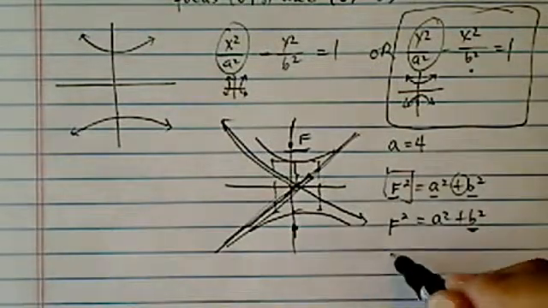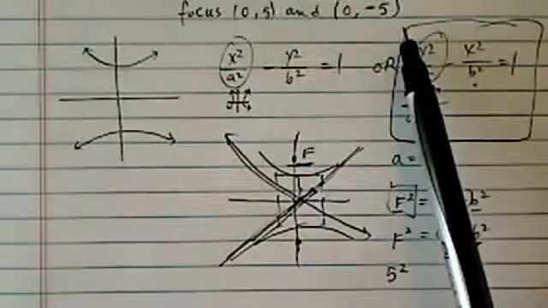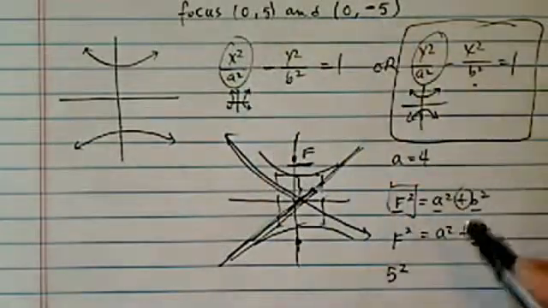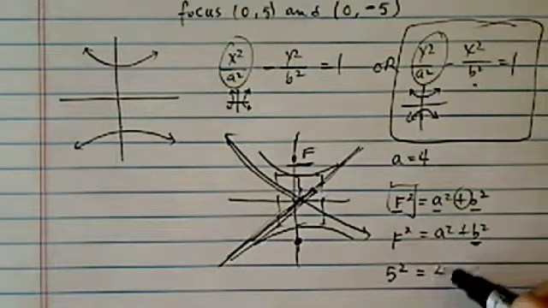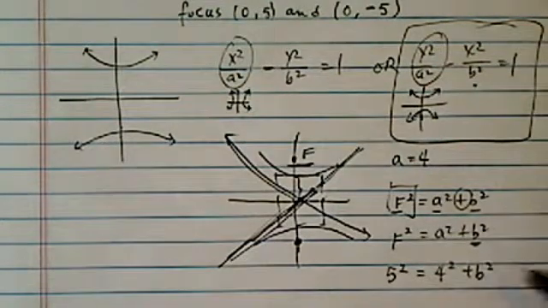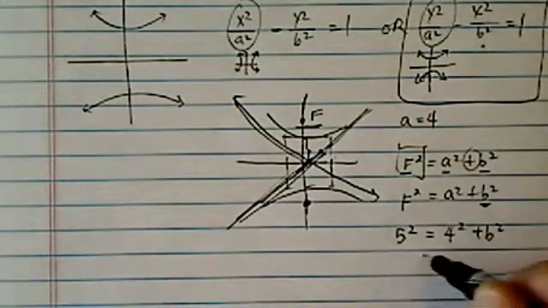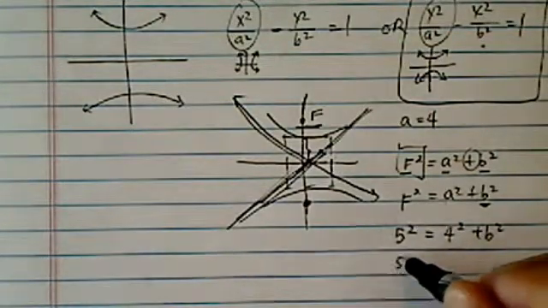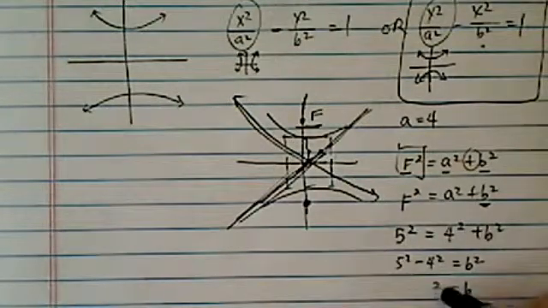Now, the F we were given is 5, because it's plus or minus 5. So it's 5 squared equal to 4 squared plus b squared. This is a really famous 5, 4, 3 triangle. So if you want to solve it, this is really 5 squared minus 4 squared equal to b squared, or b is equal to 3.